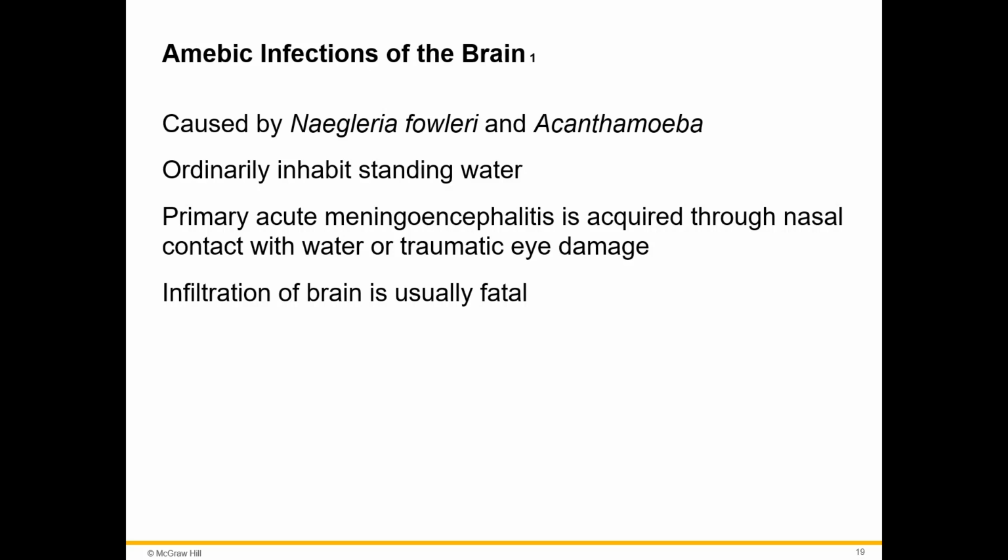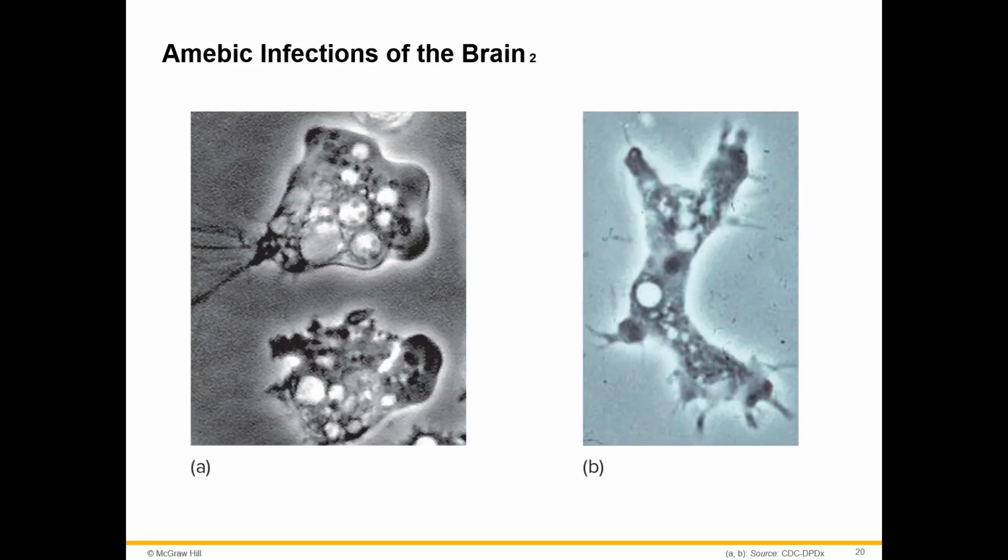Well, basically, this infection will destroy brain tissue. And when that happens, it causes a lot of swelling. And when that swelling of the brain happens, it usually results in death. Okay. And yeah, just as we said, infiltration of the brain is usually fatal. And so these are just some different images of that. Here we have the Naegleria and then the Acanthamoeba. Okay.